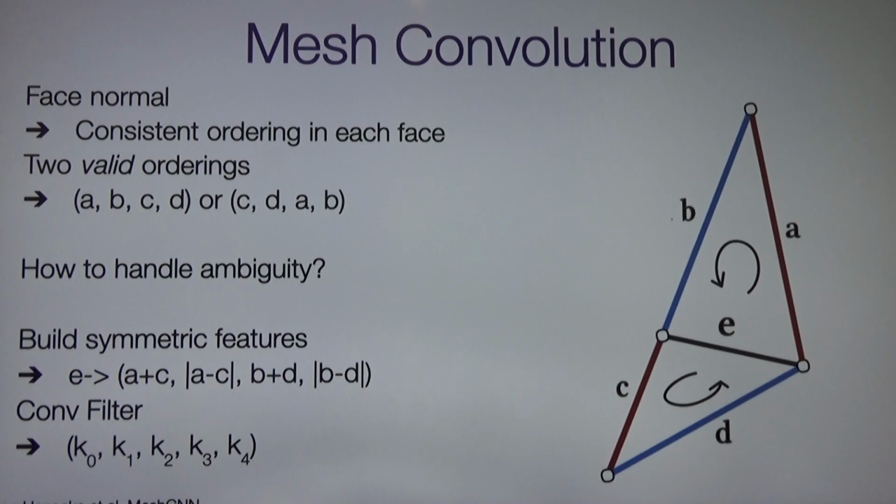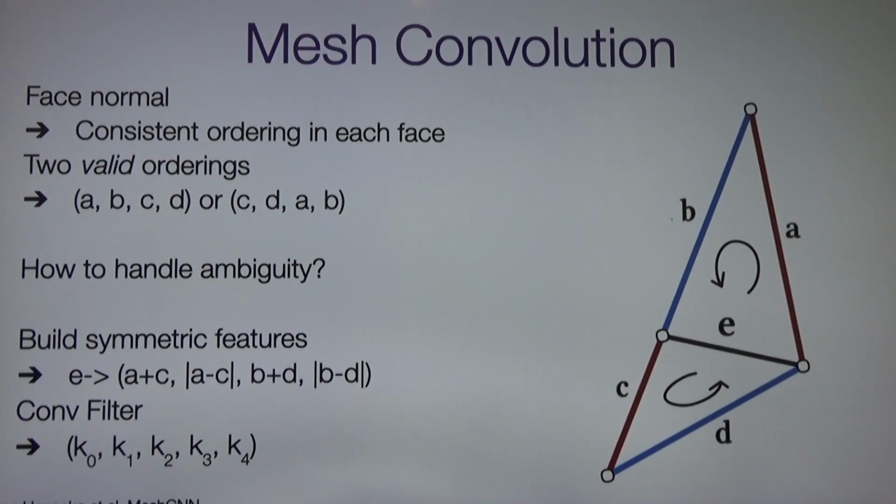And we would like to define a convolution operation that will convolve across these two triangles, with features defined on them. So how do we do that? We first build symmetric features out of the features defined on these four edges, depicted in red and blue. So we basically add and subtract them and take the absolute value.